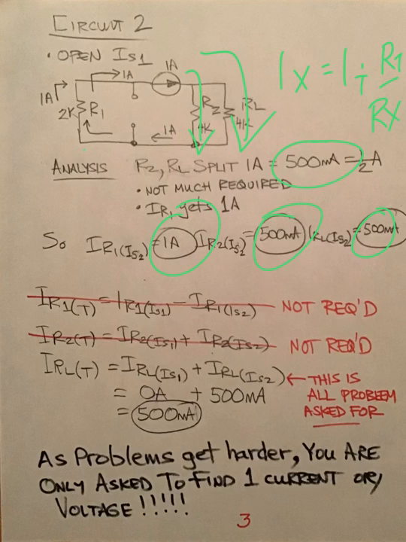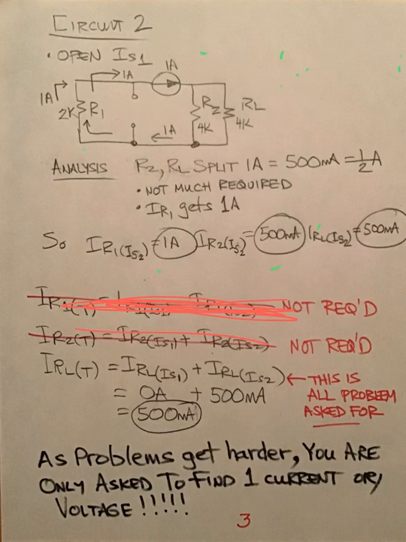So, in summary, let me clean up the board a little bit. You didn't need to do much of what we did. These two lines that are shown right here with the red line running through them weren't really required of the homework problem, nor of this problem, but I set the equations up.